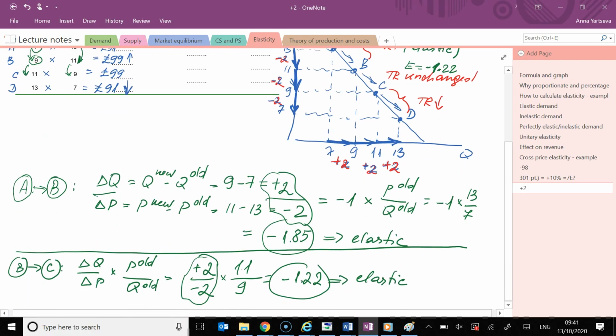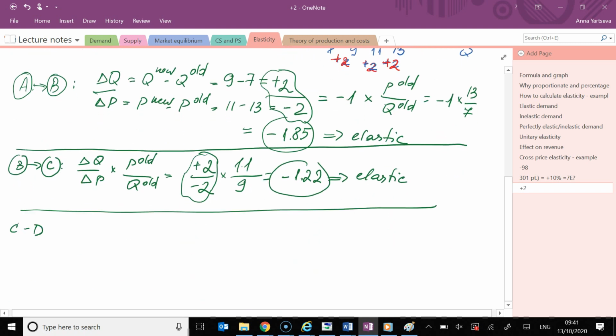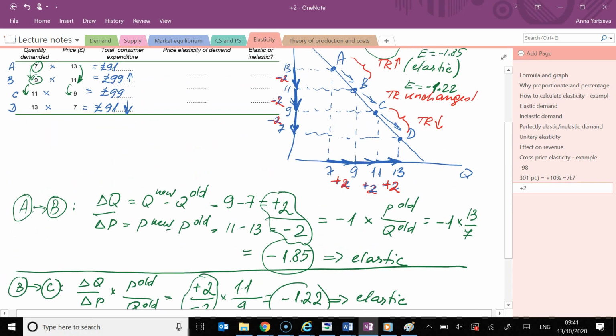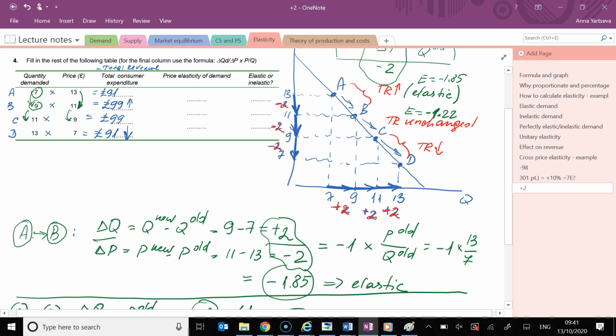Now, let's have a look at this segment of the demand curve between points C and D. That's why I asked you to write down the whole solution, so that you will be able to see that this element remains unchanged. To calculate elasticity, we again take change in quantity divided by change in price, which is plus 2 divided by minus 2. But we need to replace our starting values for price and quantity. As we start at point C, original price is 9, and the original quantity is 11.